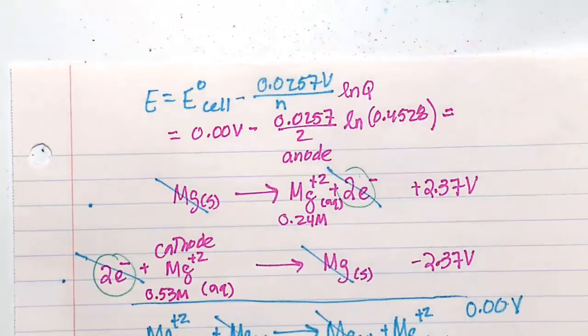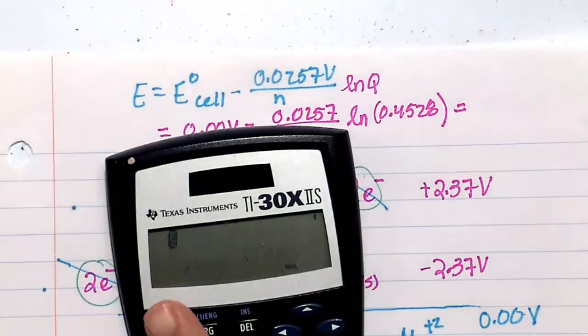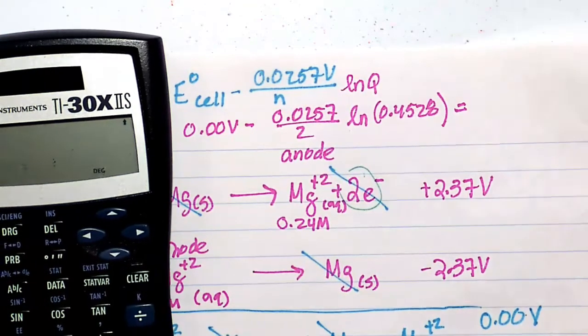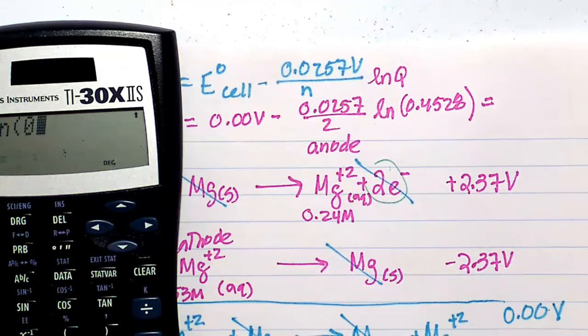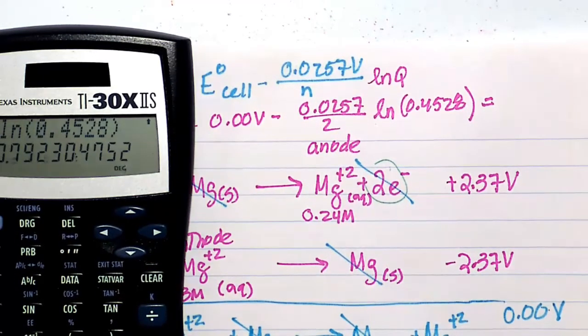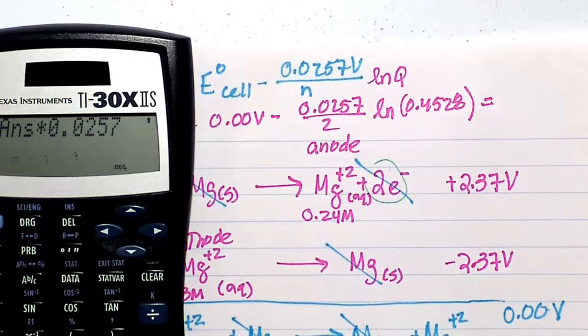EMF stands for electromotive force, as stated before, which is the voltage of this magnesium cathode, magnesium anode combination under non-standard state concentrations. So natural log 0.4528 times 0.0257.